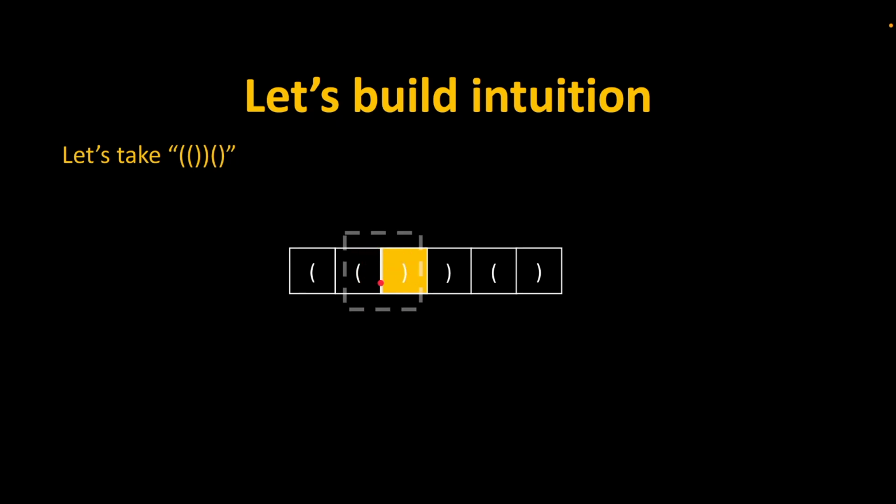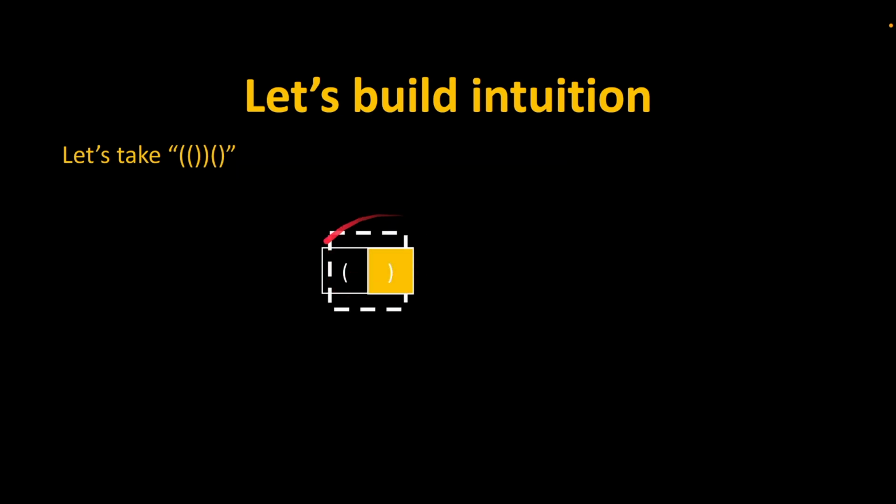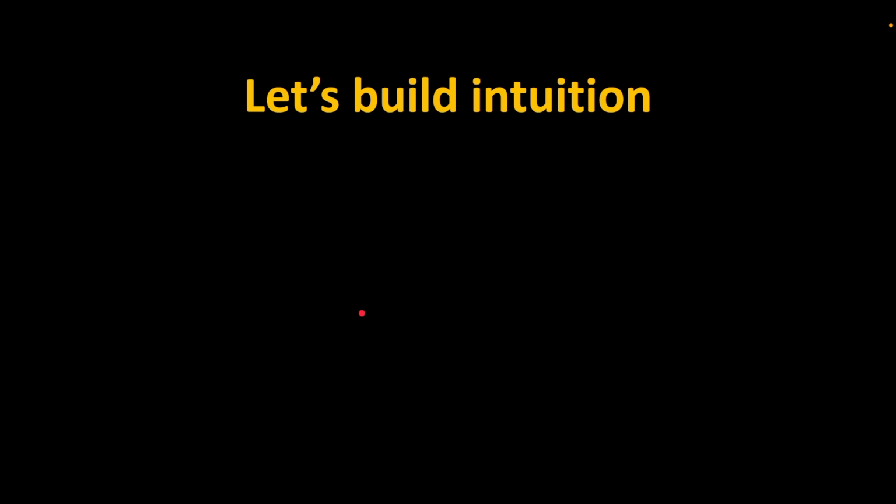So we will just take it and remove it. Similarly, now I see this is our close bracket and it makes a pair with this one, and we will just remove it. So this is our close bracket and it makes a pair with it, and we will just remove it. So this is our valid string because we are not left with any open or close bracket.